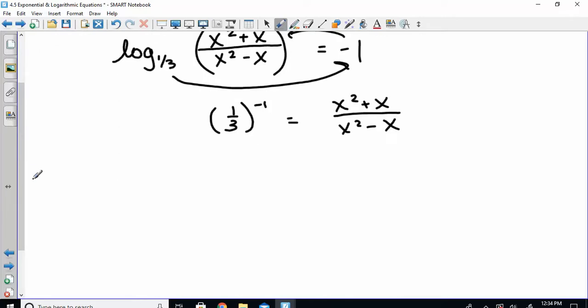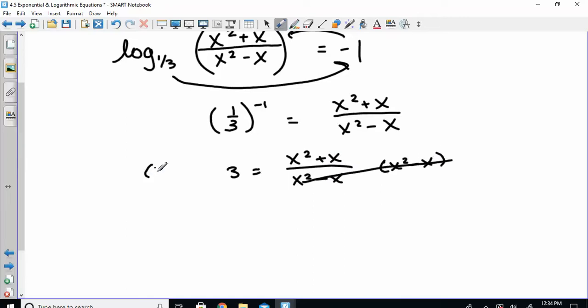If we want to make life a little bit easier, what is 1/3 to the negative 1? 3. So then I can multiply by my denominator on both sides. So we get 3x squared minus 3x equals x squared plus x.